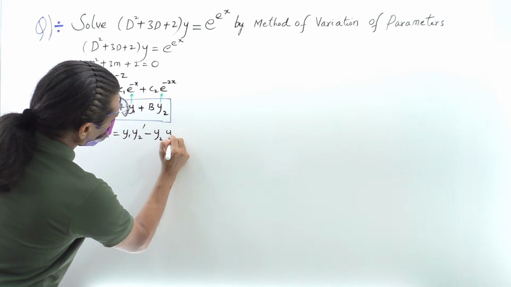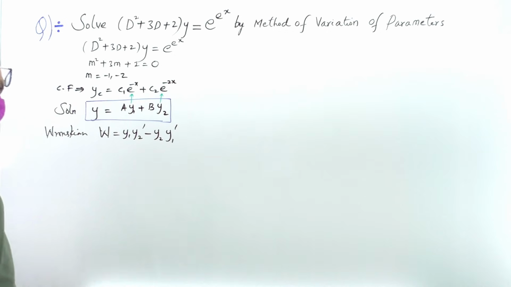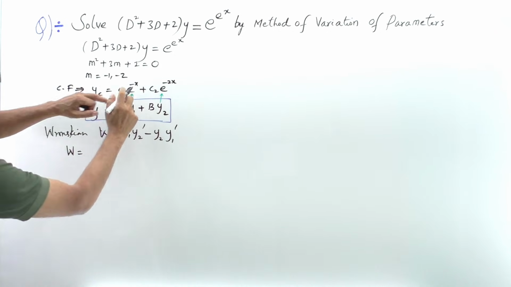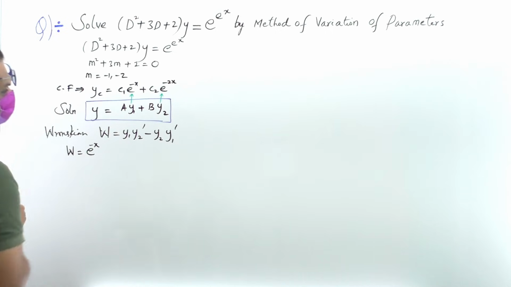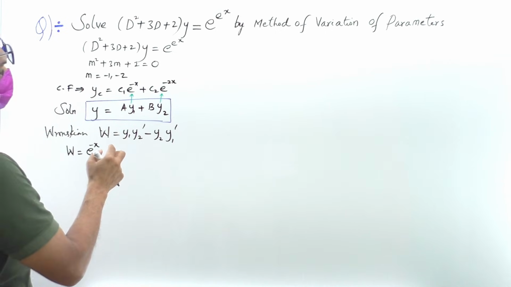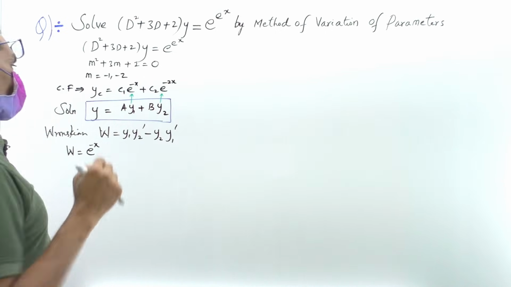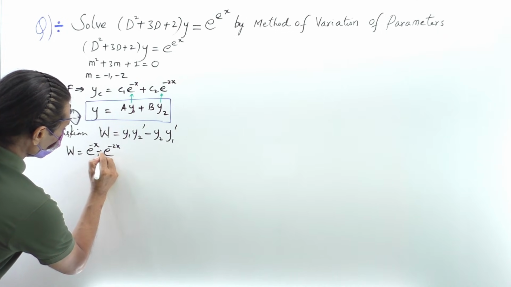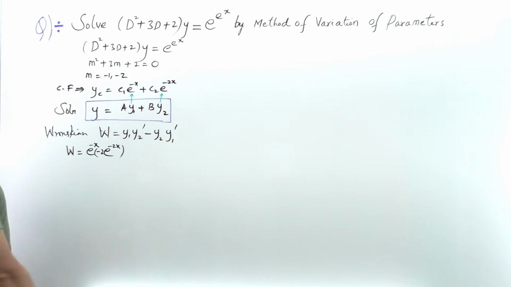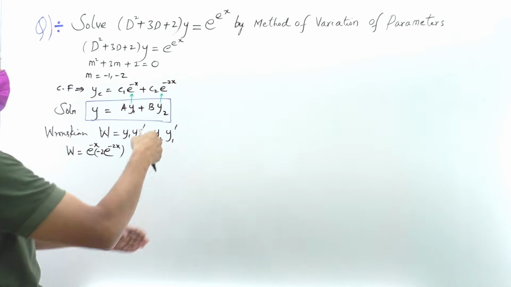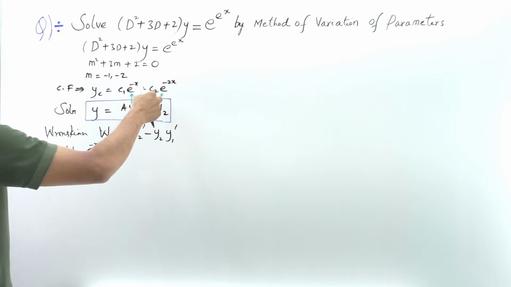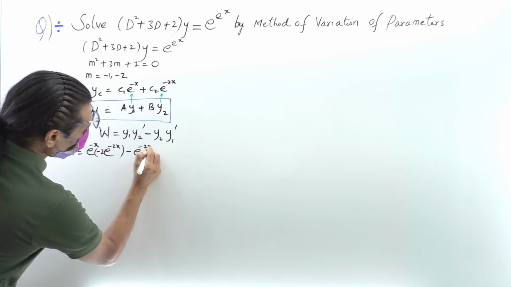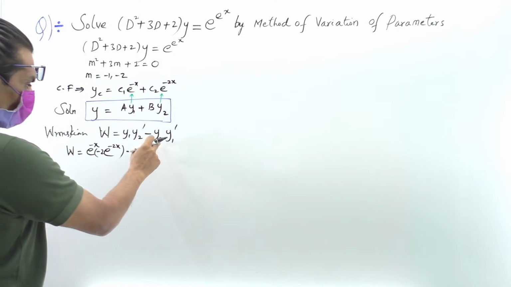So W is equal to, what is y1? It's e^(-x), into y2', the derivative of e^(-2x), which is e^(-2x) into -2, minus y2 as it is.